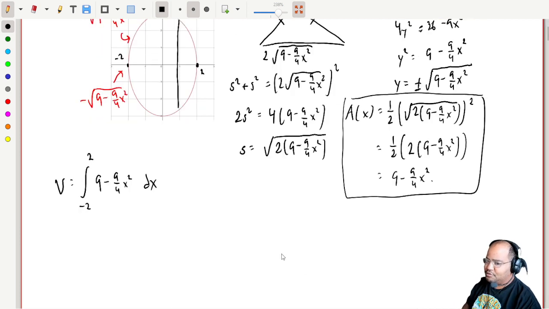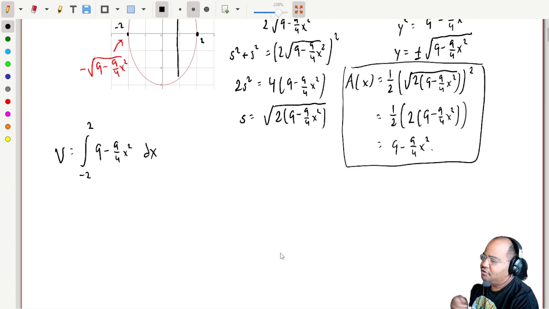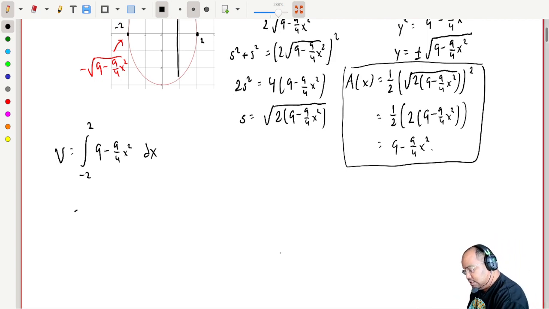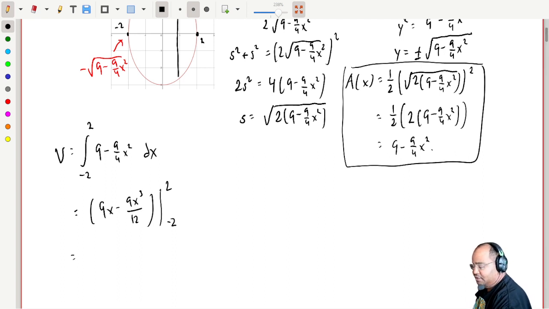But to go ahead and demonstrate how this thing works, we'll just work out the integral as usual. So what that means is we'll just use our power rule again, handy power rule. 9x minus 9x cubed over 4 times 3, so that's 12, evaluated between -2 and 2. We'll go ahead and punch in what we type in our calculators.